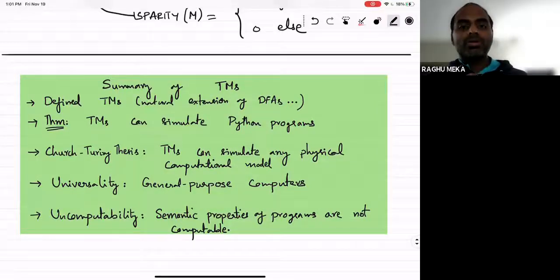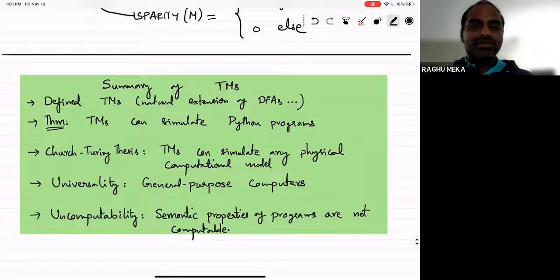And I stated without proof, this theorem, that Turing machines can actually simulate Python programs. We didn't prove it, but that is true. And this is a theorem that we can actually show formally.